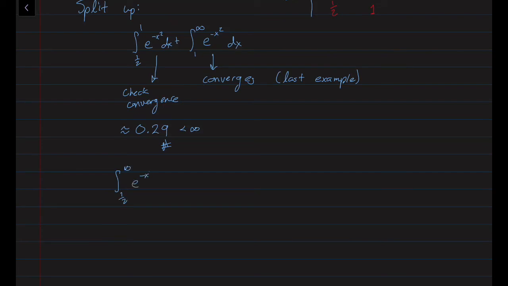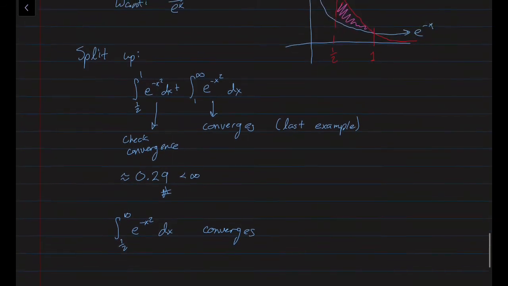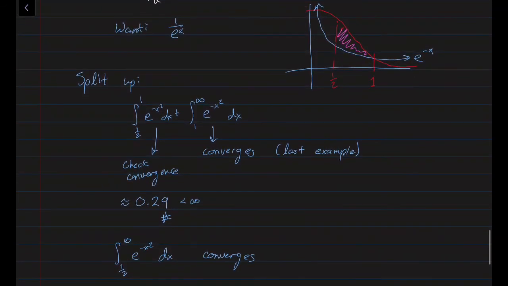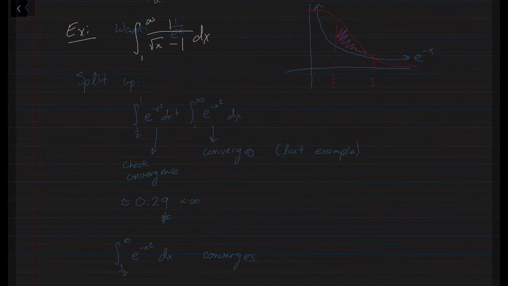So that tells us that the integral from 1/2 to infinity of e to the negative x squared actually converges. So the purpose of this example is to say we can compare the tail ends of things and check that for convergence if we know the first part of something converges. And if the first part of something diverges, then the whole integral.